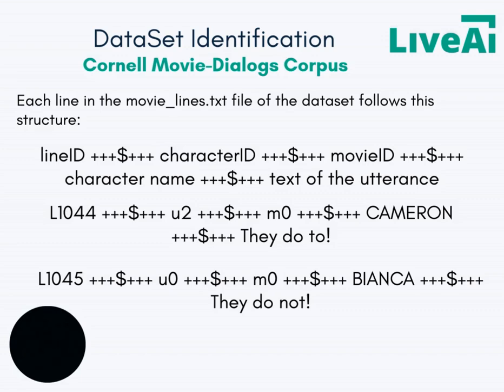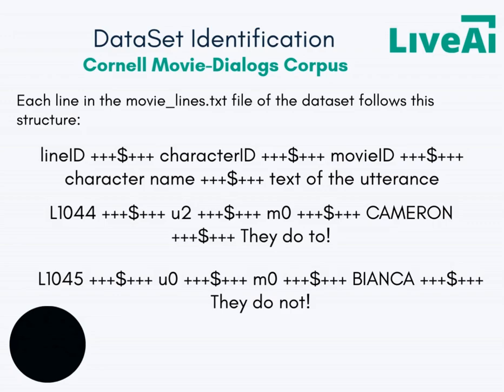Then character ID, movie ID, character name, and text of the utterance. The line ID is just a line, and the character also has an ID. I'll give more information on the data set in the next video, but this data set has a lot of movie dialogues that will help us in creating this chatbot.